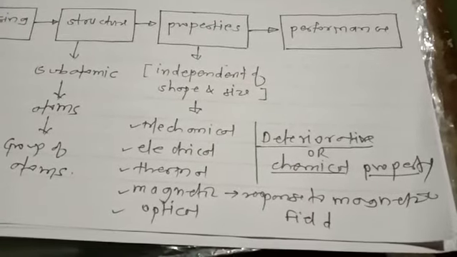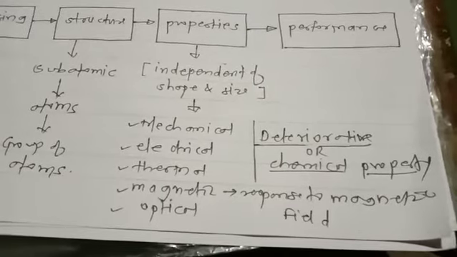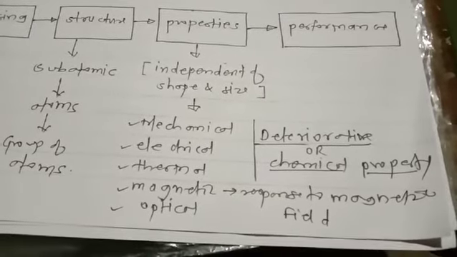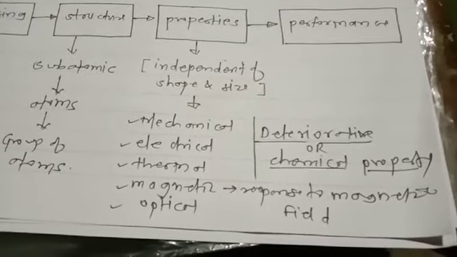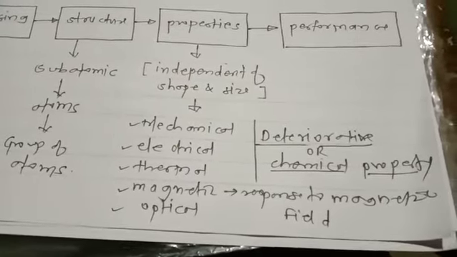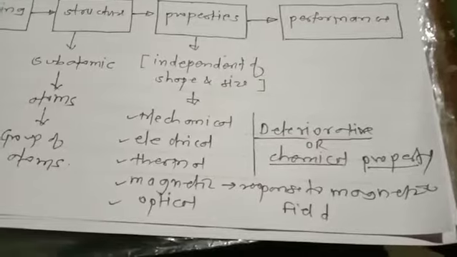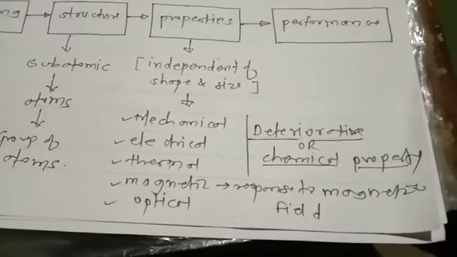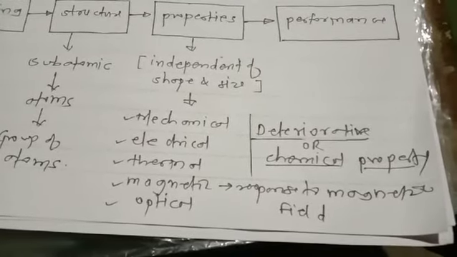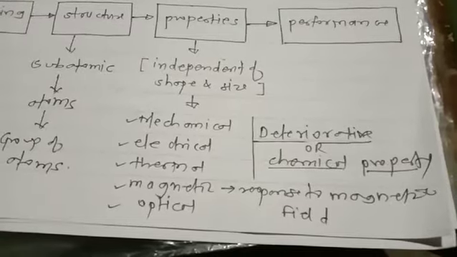If it comes into contact with another material or any other harsh environment, whether it is reactive to that particular environment or not, right? That is very important. That is called deteriorative property or chemical property, right? So these are the different types of property, right?